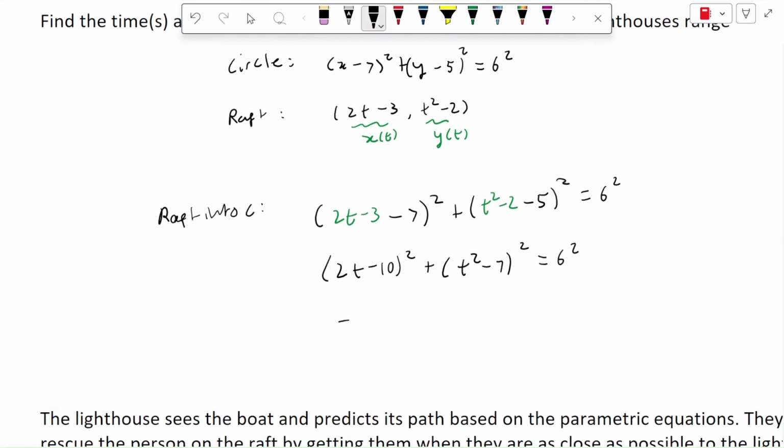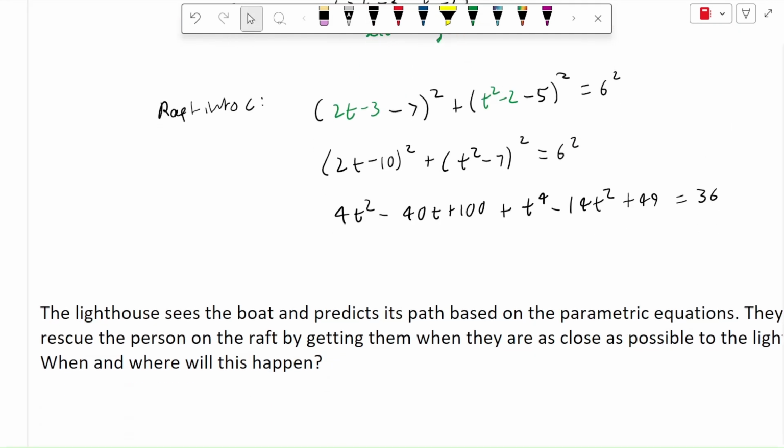If we solve this, this should be 4t squared, so 40t in the middle, plus 100, plus this will be t to the 4, 2 lots of t squared and 7, so that's 14t squared. And then that'll be plus 49 equals 36. We can start grouping some terms. I'm going to have a 149 term on the end for my constants. I'm going to have t to the 4 on its own, and 4t squared and minus 14t squared, so that would be minus 10t squared.